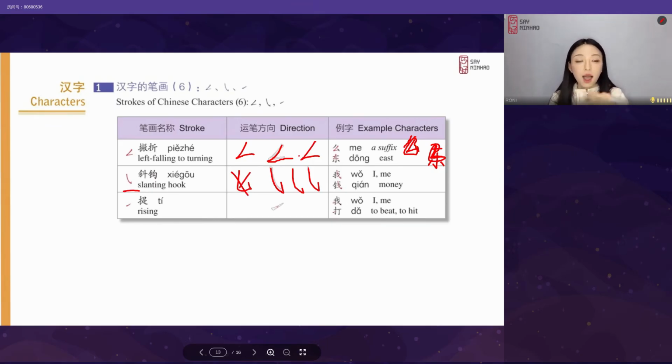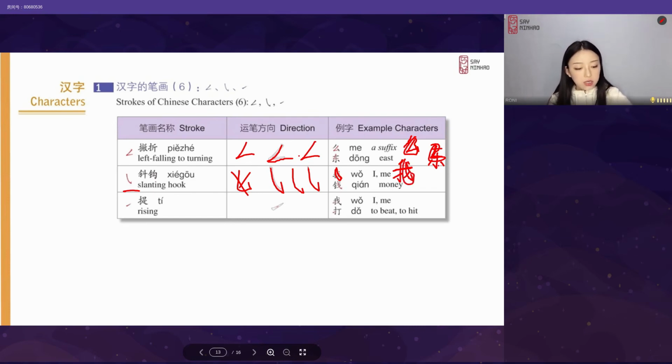First one is 我, I, me. This part is the slanting hook. Let's see. It is written like this. First left falling and then a horizontal and then a vertical hook. And then this thing we are going to learn next, which means T, rising. Rising and then a slanting hook and then a left falling dot.